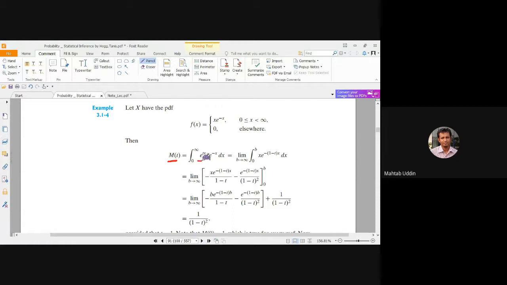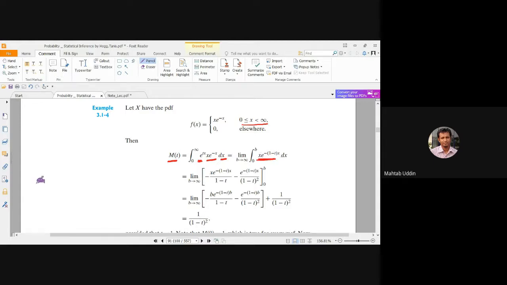We know it is the integral of e to the power tx f(x) dx. The given interval is 0 to infinity. E to the power tx is from the basic form of the moment generating function. This is f(x) dx. Now, how can we write it and why should we write it?